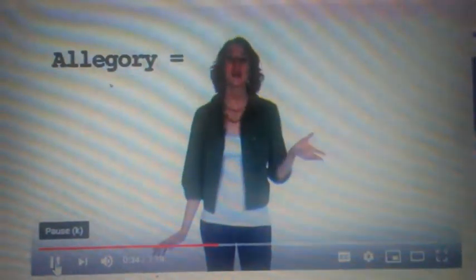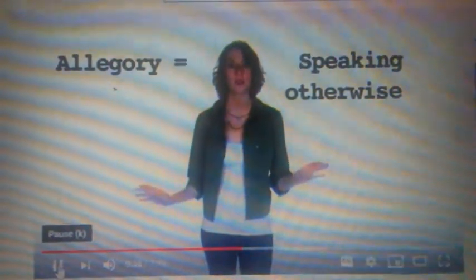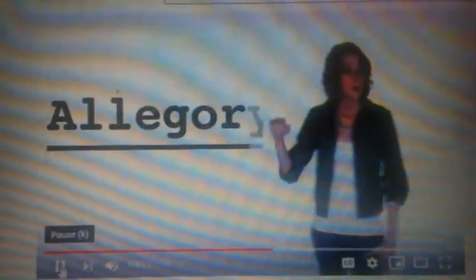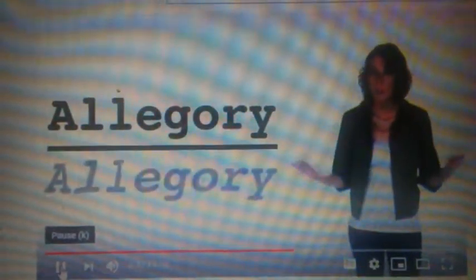Now, I'm not big on scholarly stuff, but here's a tidbit that's actually pretty awesome. Allegory comes from the Greek word allegoria, which means speaking otherwise. Translation: an allegory is all about double meaning. You've got what's going on the surface of the story, and then you have a political or social message that all the elements of the story are working together to convey.